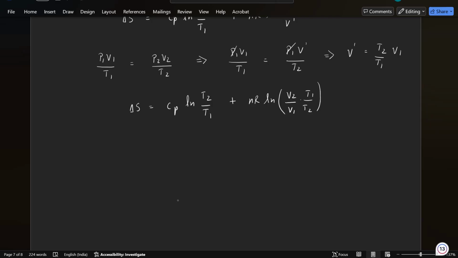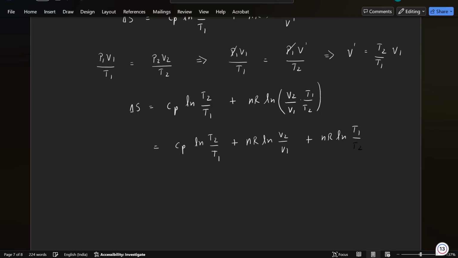So I'll separate the ln: Cp ln T2 by T1, then nR ln V2 by V1 plus nR ln T1 by T2.